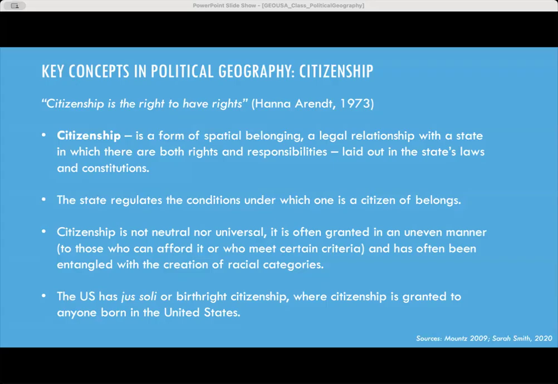Now, the United States has a really important policy that a lot of countries do not have, which is jus soli, which is birthright citizenship. If you are born in the United States, no matter where your family is from, no matter their legal status, you are granted citizenship. You become a citizen of the United States if you are born in United States territory.